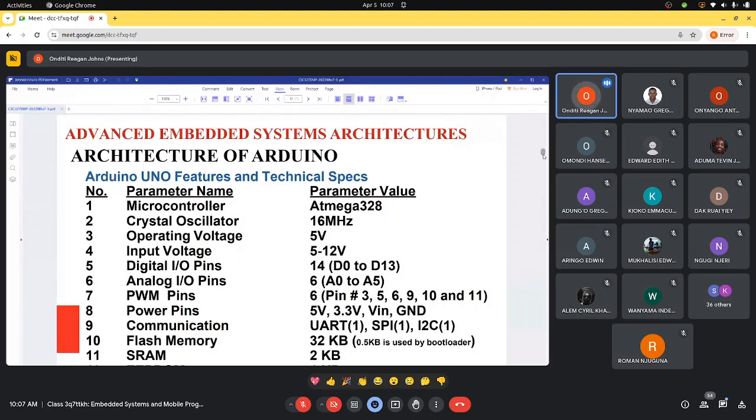The digital pins we've seen, the in and out pins, there are 14 of them. The analog pins, there are 6. The PWM pins, which I have explained, are the pins with the tilde on the board. You've seen them. There are also 6.